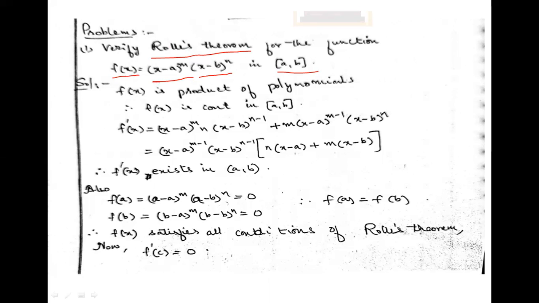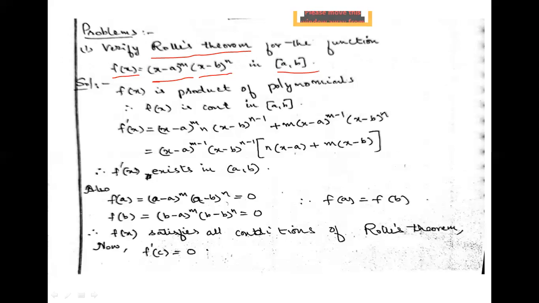So what were the conditions in Rolle's theorem? Number one, it should be continuous. Number two, it should be differentiable. Now first of all, we will see does it satisfy the conditions of Rolle's theorem. If it satisfies the conditions, then we can apply Rolle's theorem.